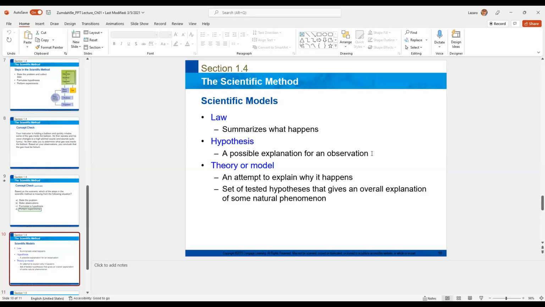It's maybe an explanation of what you have seen in your observations, but sometimes it is not true. And the theory or model is an attempt to explain why it happens. It's a set of tested hypotheses that give an overall explanation of some natural phenomenon.